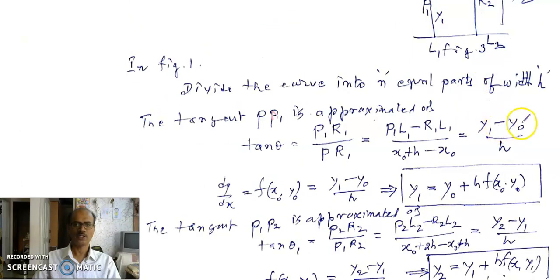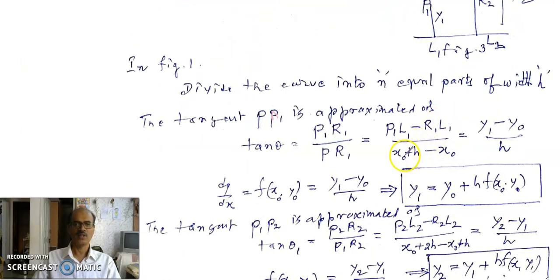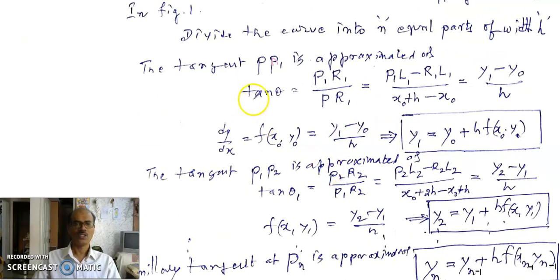So that is y1 minus y0, and the difference, this L1 minus L. The L1 is x0 plus h minus x0. x0 goes and the remainder is h. So we know this tan theta is equal to dy by dx at x0, y0, and that value is f of x0, y0.